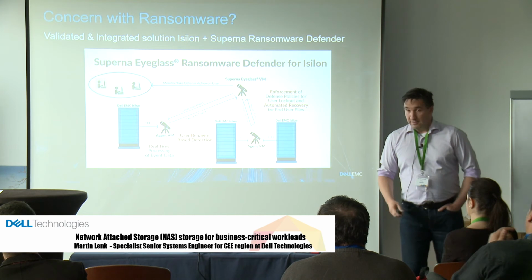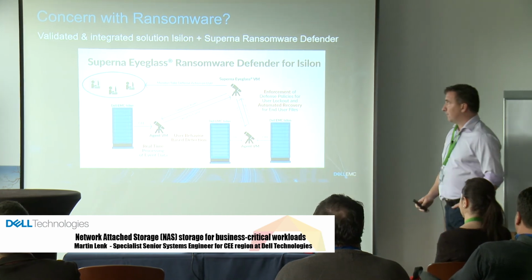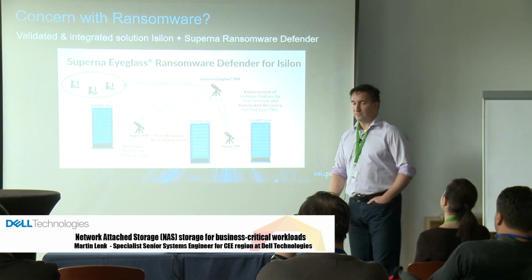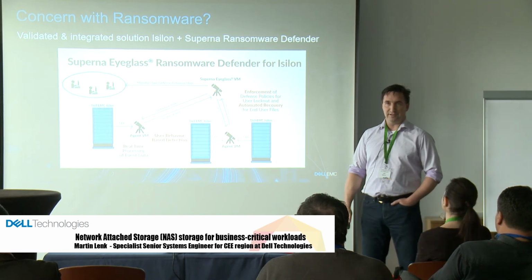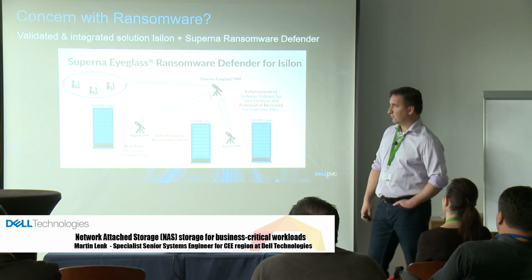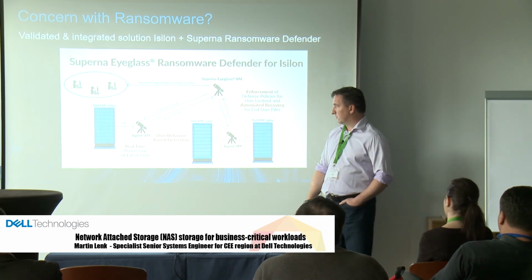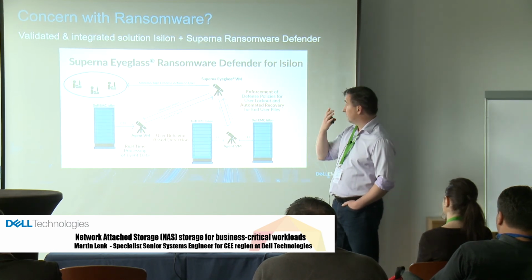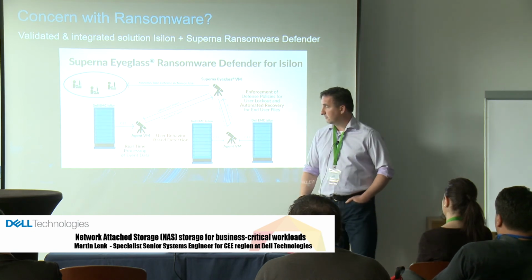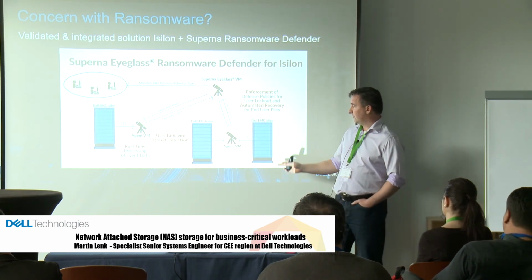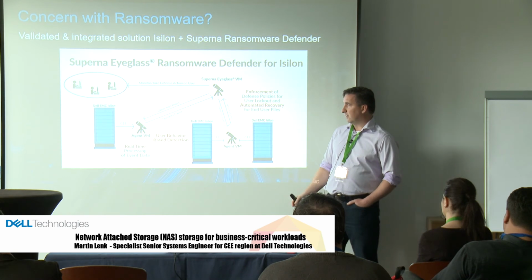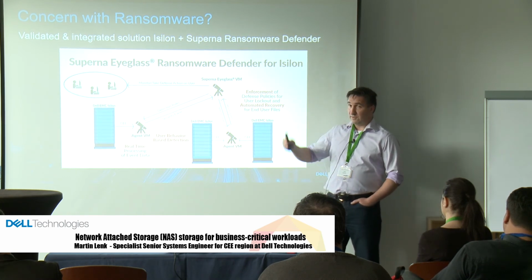Nice one. In some countries, customers face ransomware. I don't know if it's your concern or not. In Slovenia, they were under heavy attack, I guess, two years ago. Another application extension for ISILON is our cooperation with the company Superna. Superna created an easy application that checks the audit log on ISILON and what is happening on the file system.